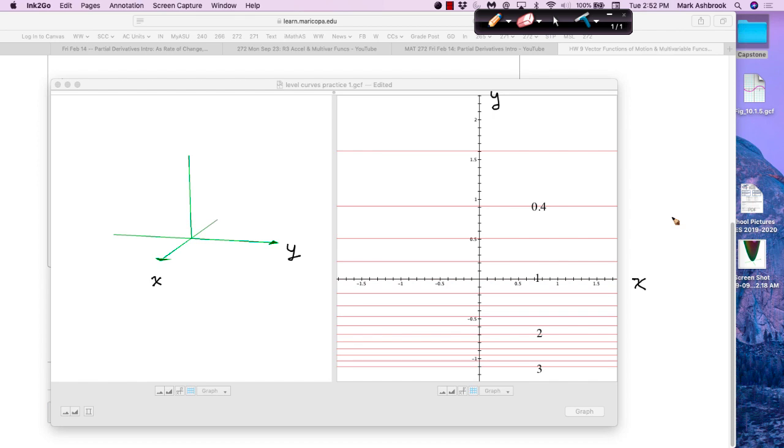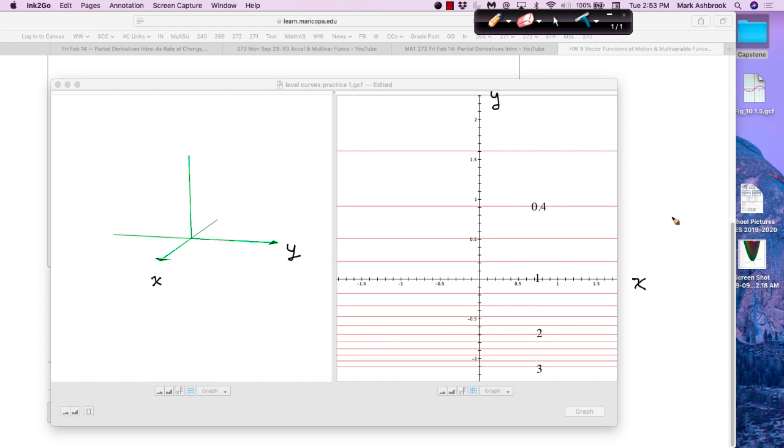So what's happening here? Where is z the highest value? As you're going in the negative y direction, it gets higher and higher. So as we're going negative, that's this way, right? What happens when you change the x value? Stay at the same level, right? So what kind of surface will this be? It's a cylinder in the x direction, right?